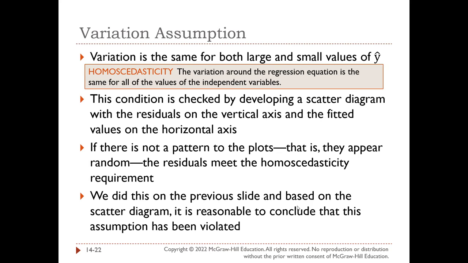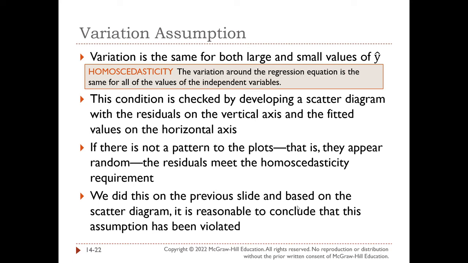So our variation assumption, number 2. Variation is the same for both large and small values of y hat. This is known as homoscedasticity. I totally butchered that. Tongue twister there, sorry, guys. Which is basically that the variation around the regression equation is the same for all the values of the independent variables.